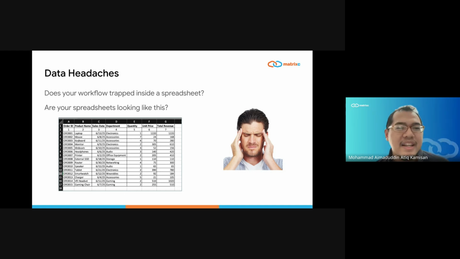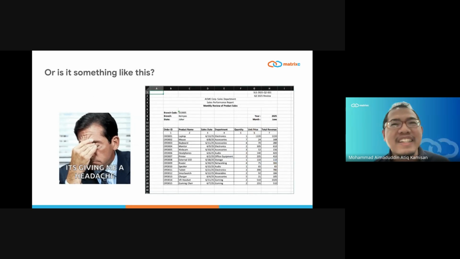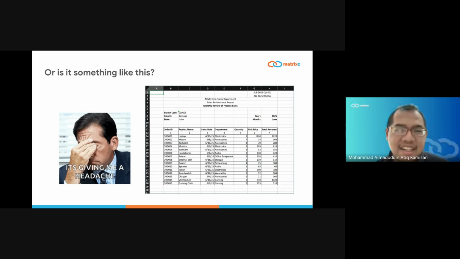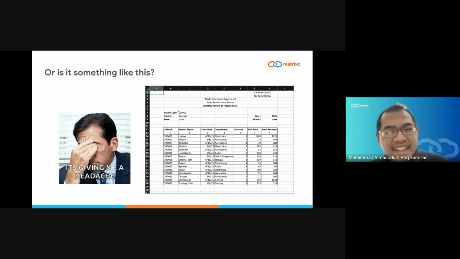But how about this kind of spreadsheet? Have you seen this kind of spreadsheet with a header, as you can see here? Sometimes they put a header and also a code inside the Excel file, and then there's a header which may be the branch code or the branch name, and also the state and the year.